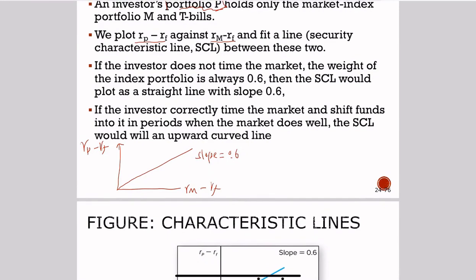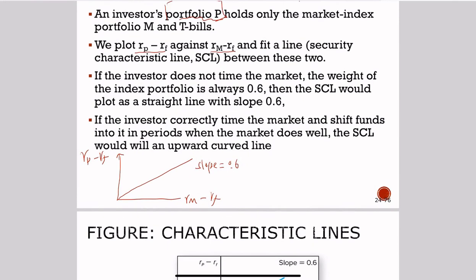Now think about this. What will happen if the manager can correctly time the market? Well, the line will be like this. It will be a curved line. So why does this mean the manager can correctly time the market?